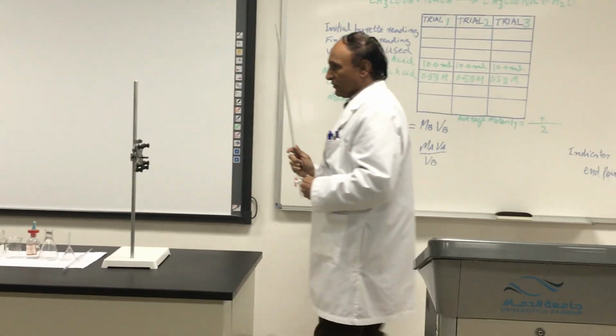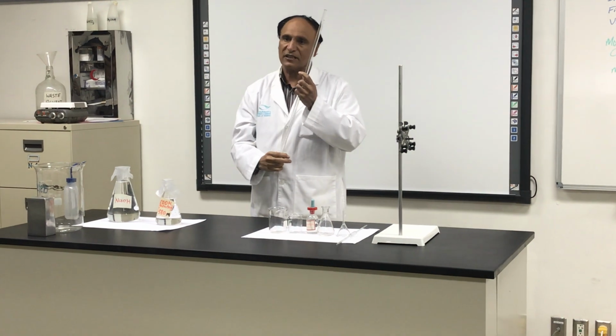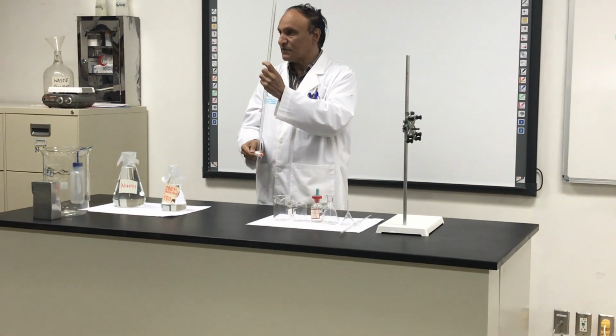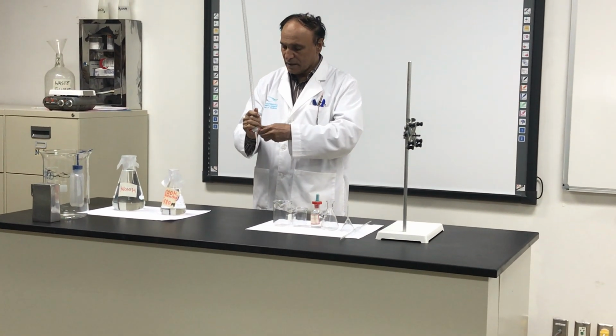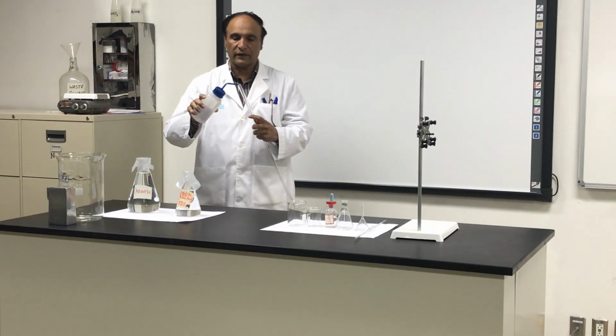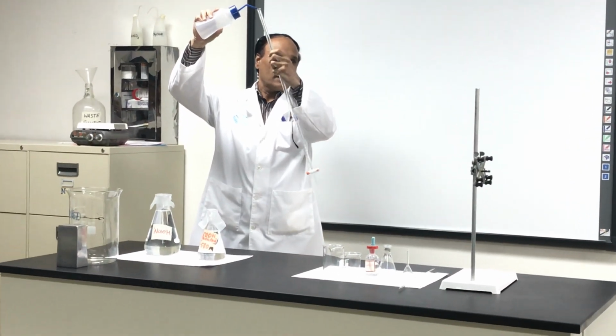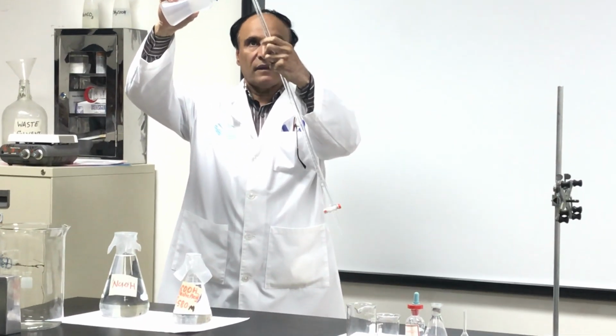Before I use it, I will wash it with distilled water, not tap water, because it is already washed with tap water. So I take this one, look over here, I take it and I move it.